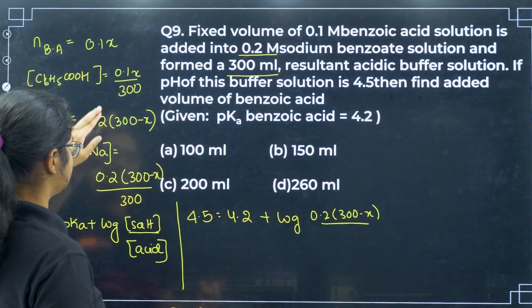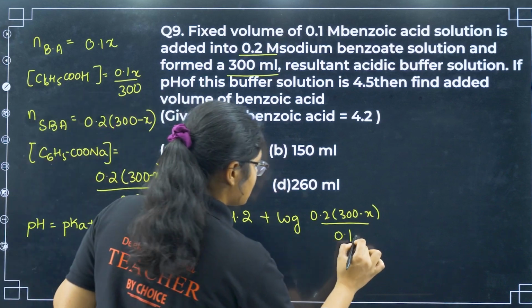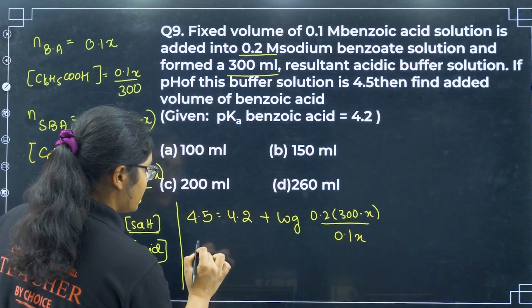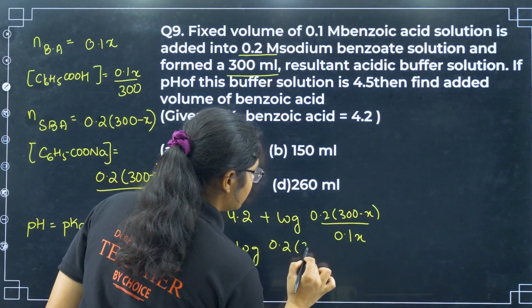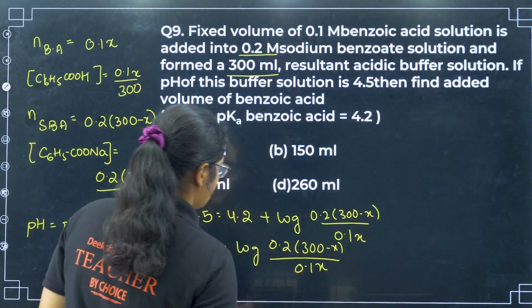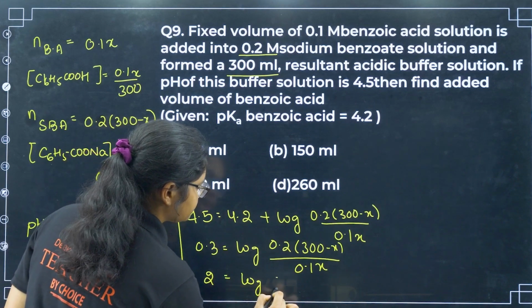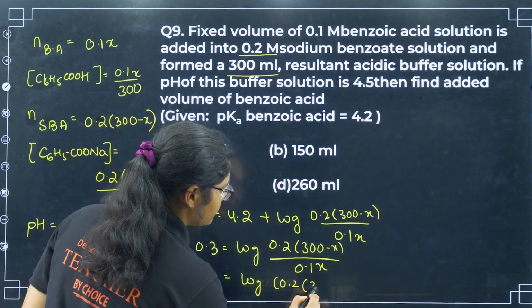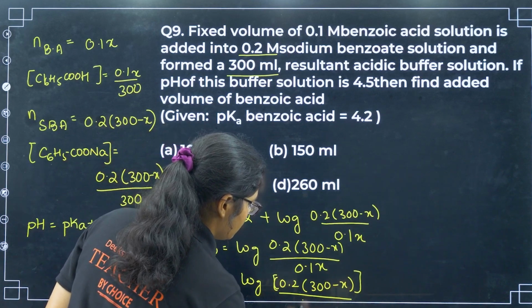So that 300 and this 300 will get cancelled, and this one will be 0.1 X. Now this one will be 0.3, that is equal to log of 0.2 into 300 minus X divided by 0.1 X.